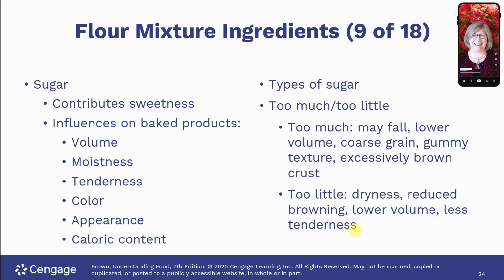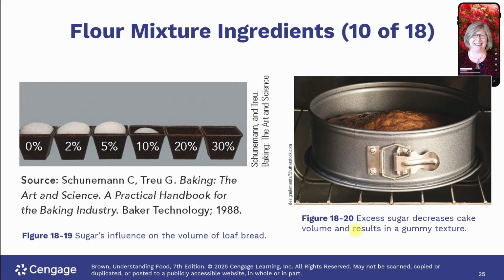These are important. We'll learn more about salt at some point. Salt plays an important role as well. Okay, so what you see here, figure 18-19, you could do this in a food lab experiment. This is what you would see. On the far left here, you see 0% sugar, followed by 2%, then 5%, then 10%, 20%, and 30%.